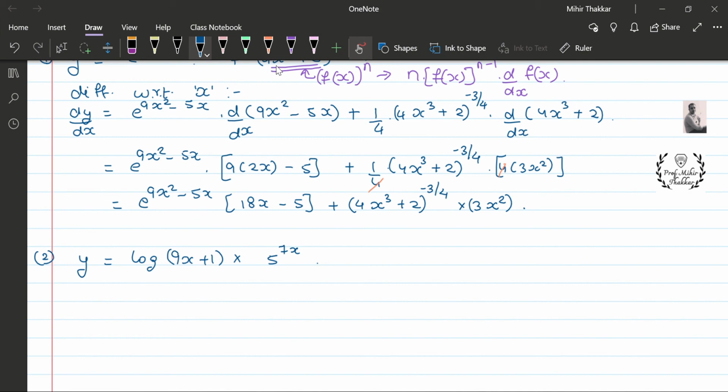If you observe very carefully, the first is a logarithmic function and the second is an exponential function. Because we have a product of two terms, we have to apply the multiplication rule to solve this particular sum.